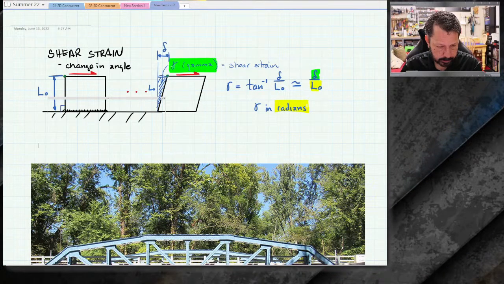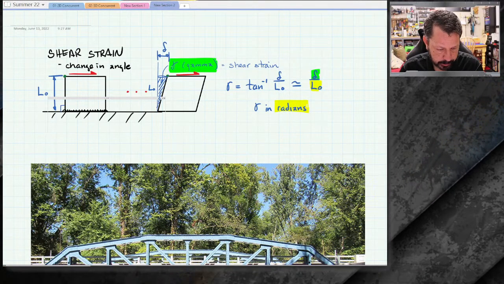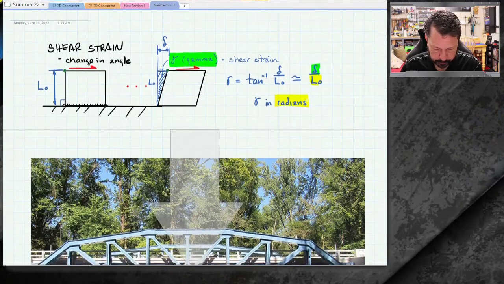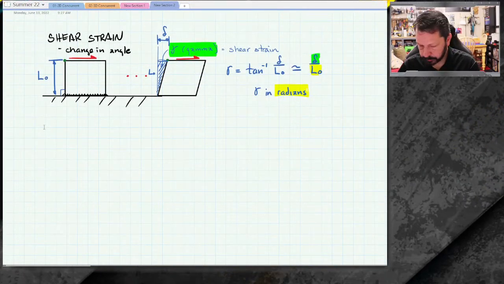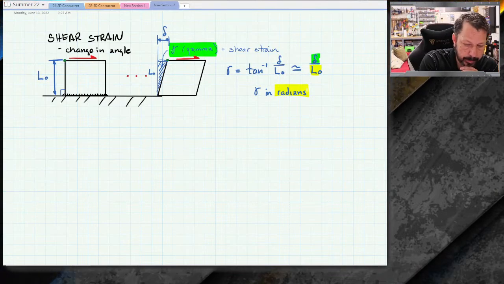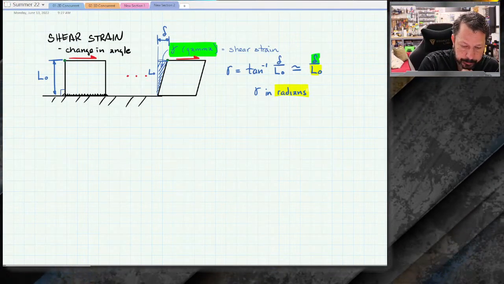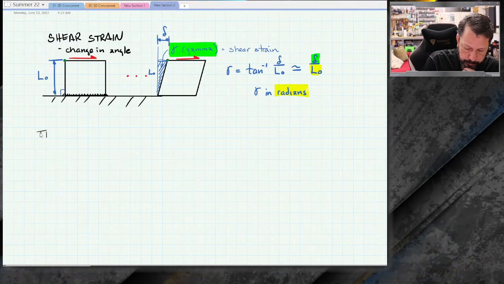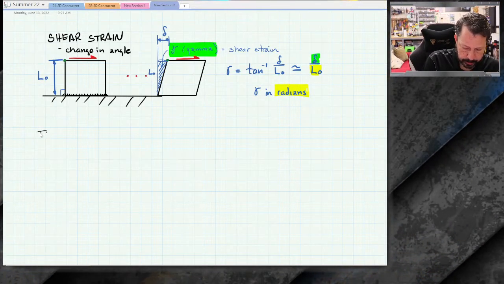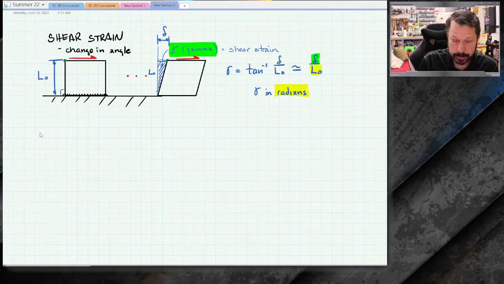So let's add some space here so we have some room. All right, so we're going to begin talking about trusses. Actually, no. We're not going to talk about trusses yet. We're about to.